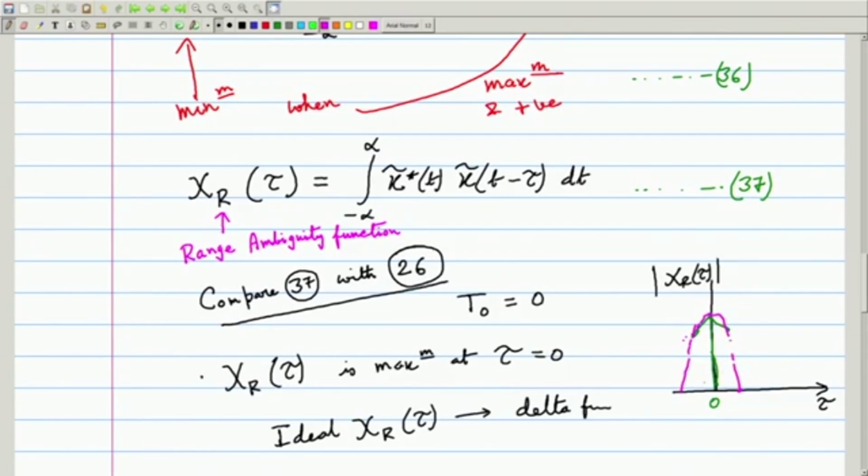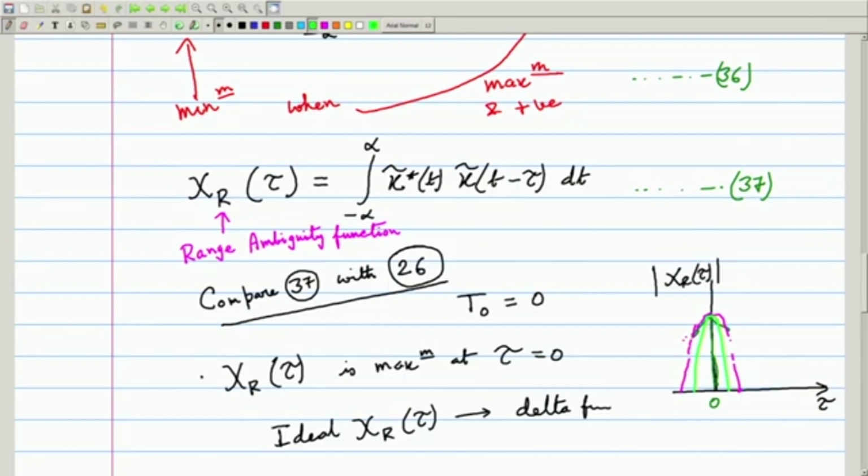Suppose I have one such shape and another shape is this. Obviously, this green one I will prefer, because here the autocorrelation function comes closer to 0 and the resolution is higher, because the width is less. Actually, this width is the main thing.